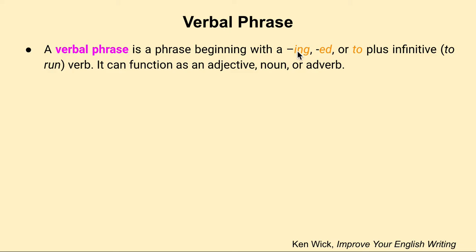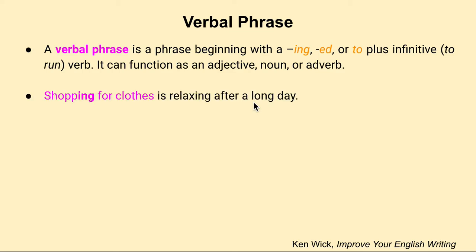The verb is going to end in ing, ed, or the verb is going to be an infinitive starting with to, something like to run. And it can function as an adjective, noun, or adverb. So the most important part is maybe not determining how they function, which will help you understand the sentence better, but recognizing the verbal. Remember, you need to identify a verbal phrase.